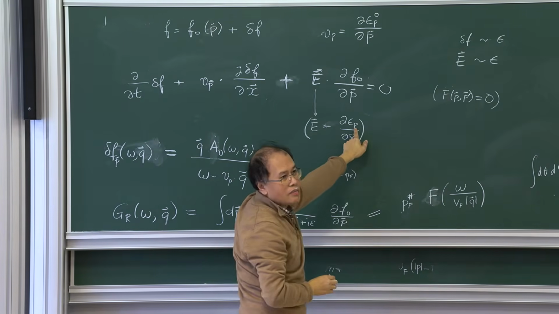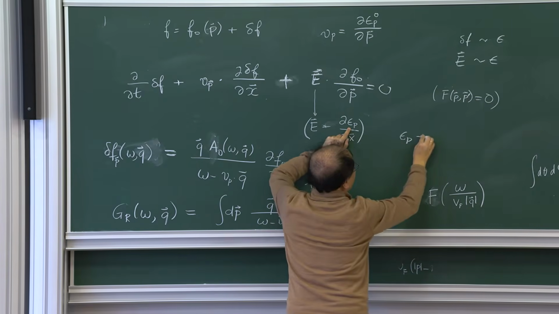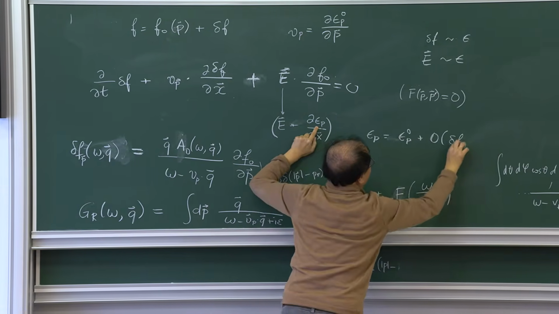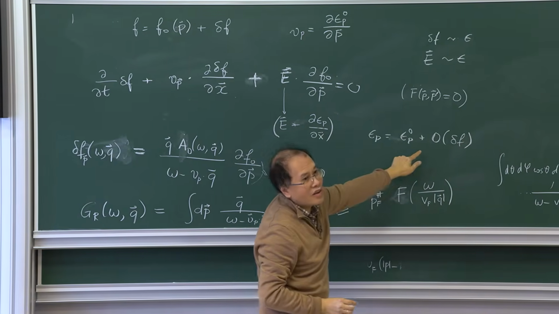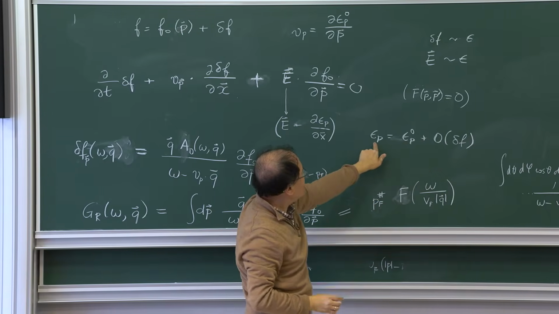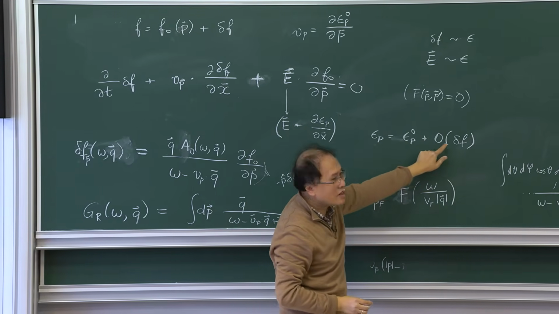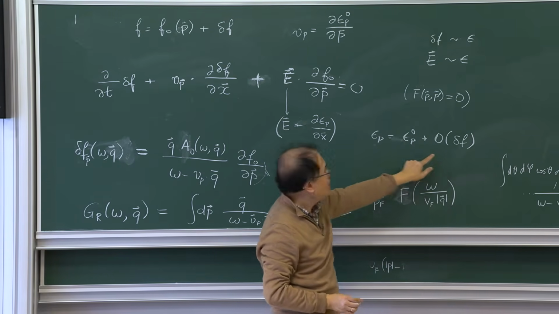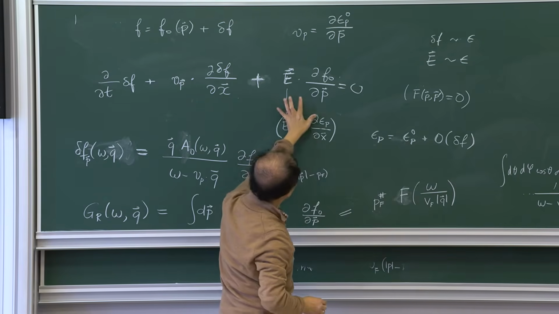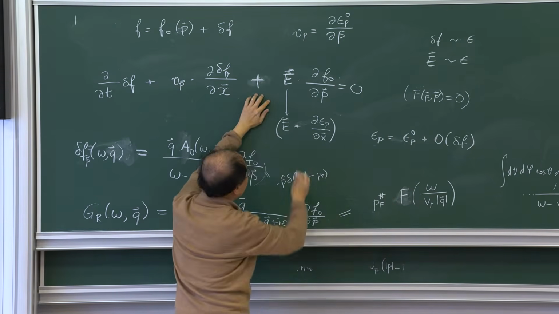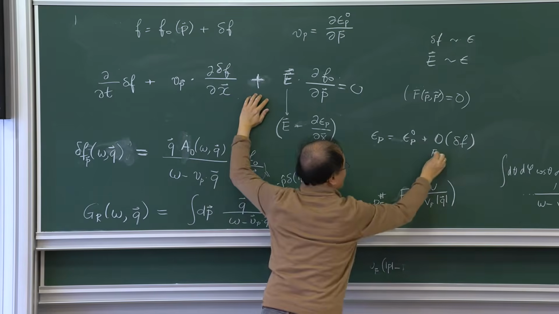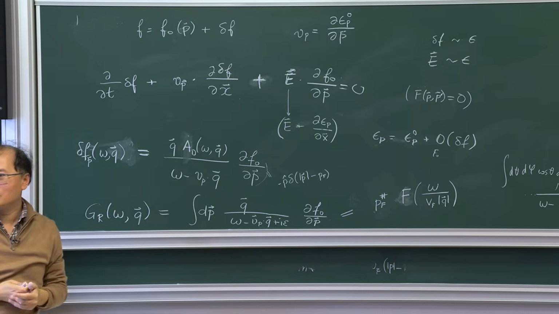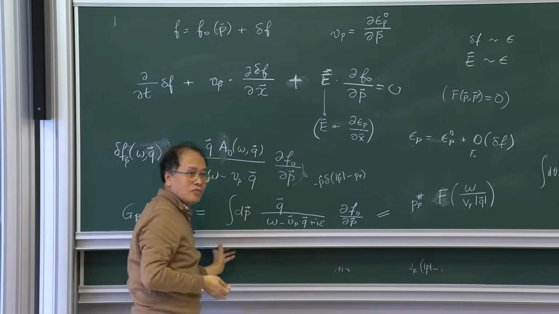But epsilon p now depends on epsilon p0 plus something that is linear in delta f, according to Landau's theory. The energy of a particle does not depend only on itself, but also on the presence of other particles at the same point. And so now solving this equation requires us to know all these Landau parameters. It can be done. Again, this calculation can be done. And we get a 2-point function of density.